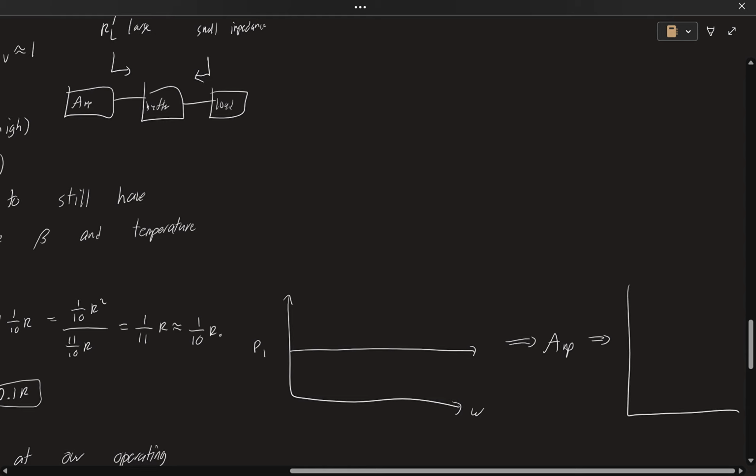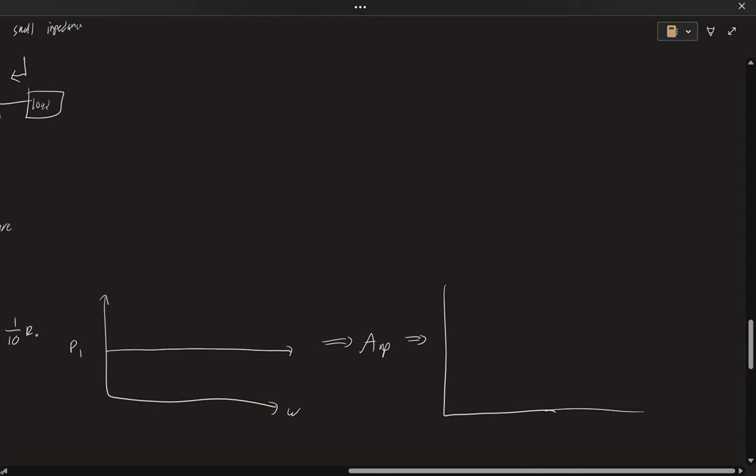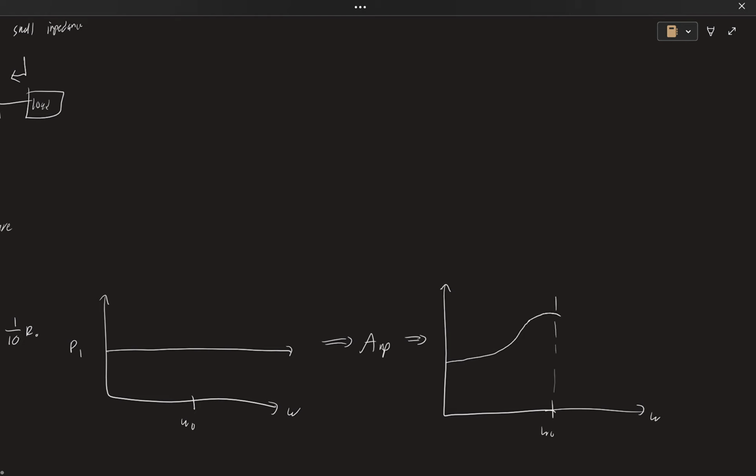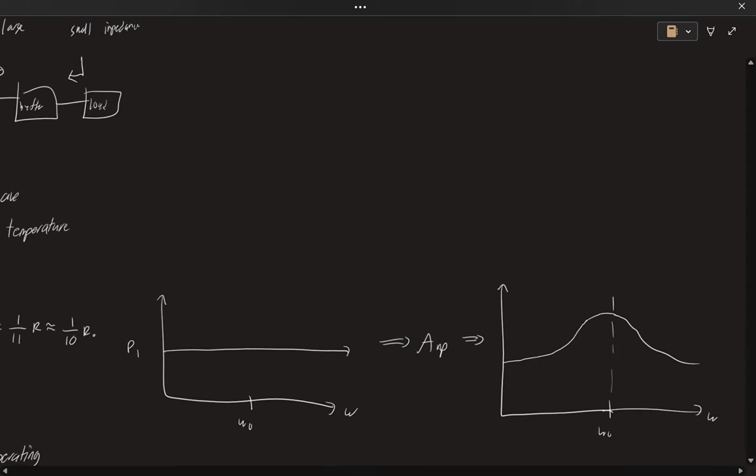Ideally, we want to design our amplifier such that it has a maximum gain over here. Okay, so it amplifies at omega naught the most. So it's in a way like a filter. You can think about it like that. It doesn't actually attenuate, but it, in a way, isolates our frequency of interest from others. Okay, so that's what we want to do.